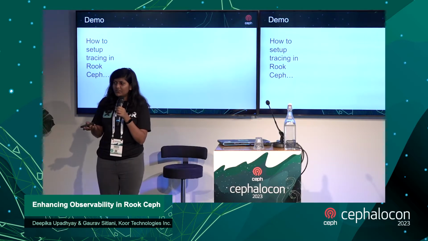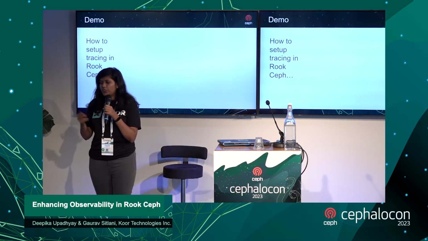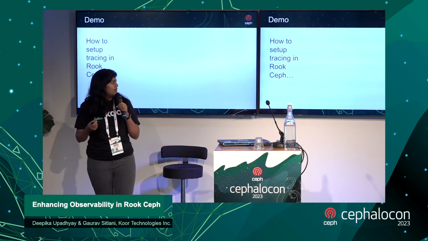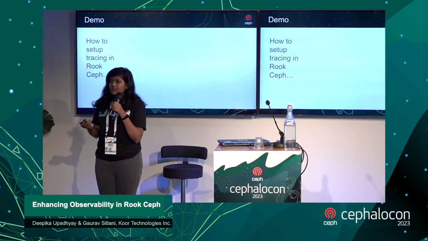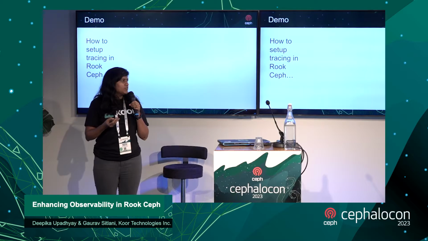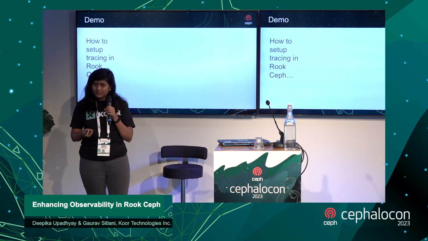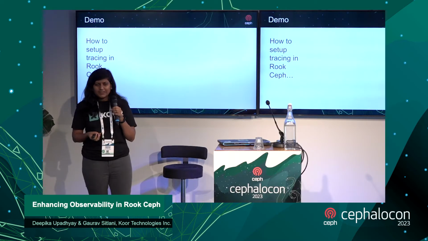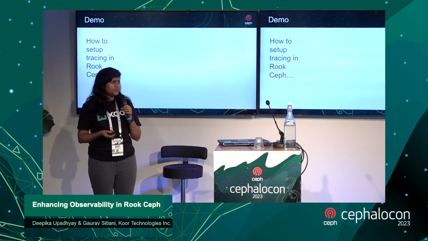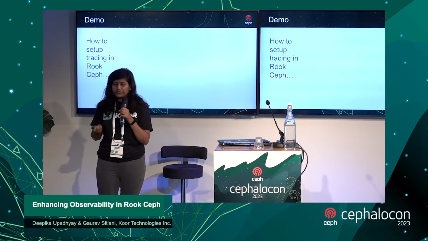There is an operator available, and there is a one-click solution, and it will deploy the services needed for getting started with tracing in Ceph. So it will basically deploy a Jaeger agent right now, a collector, and a UI.